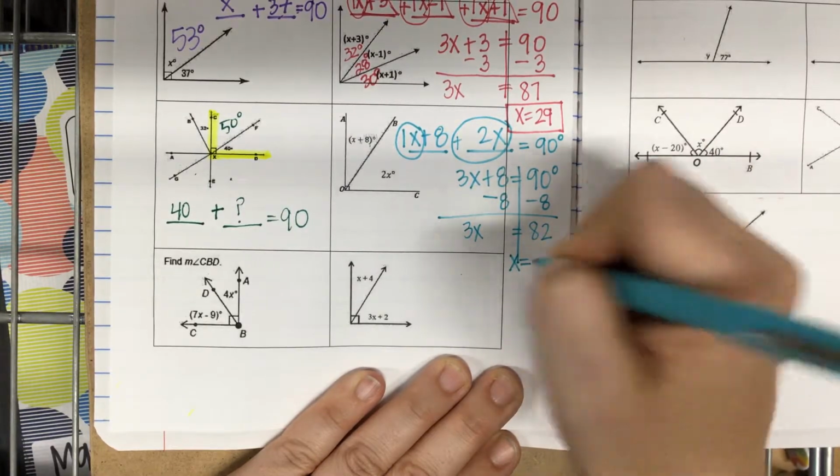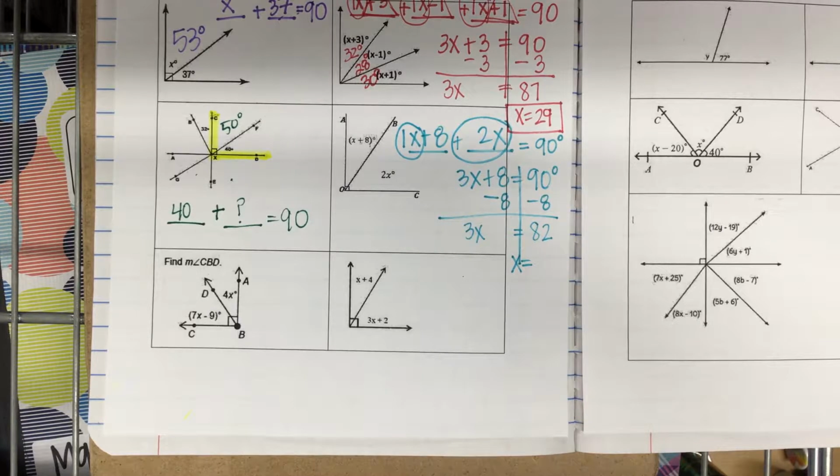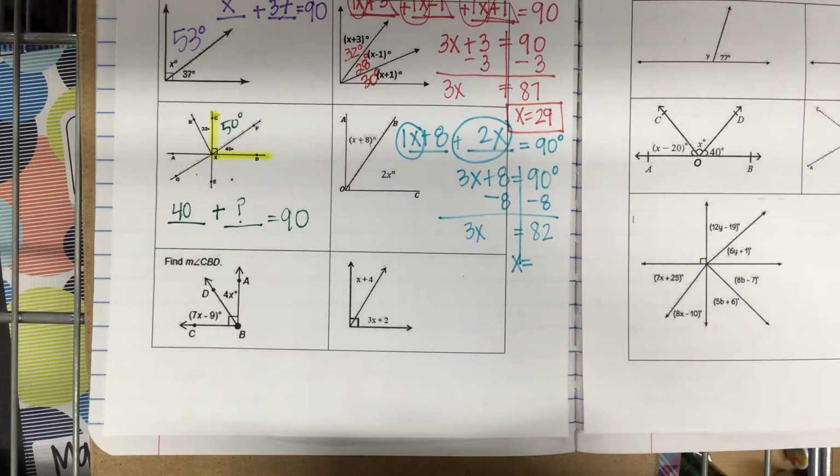What does x equal? I'd use a calculator. 27.3. Let's look. 27.3 repeating. 90 minus 8 divided by 3. 27.3 repeating.